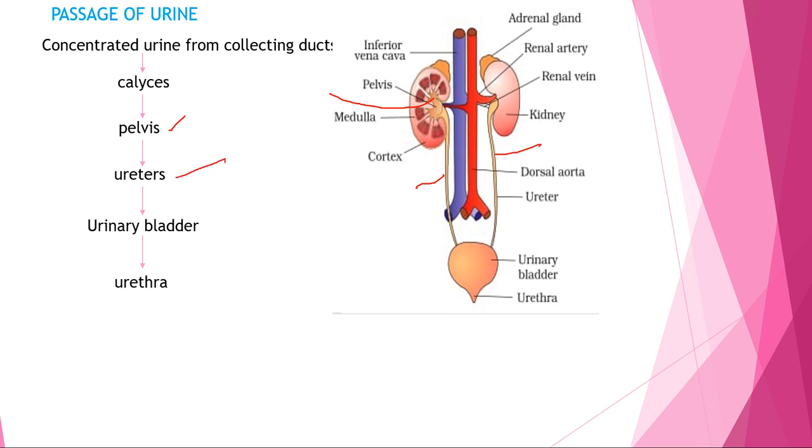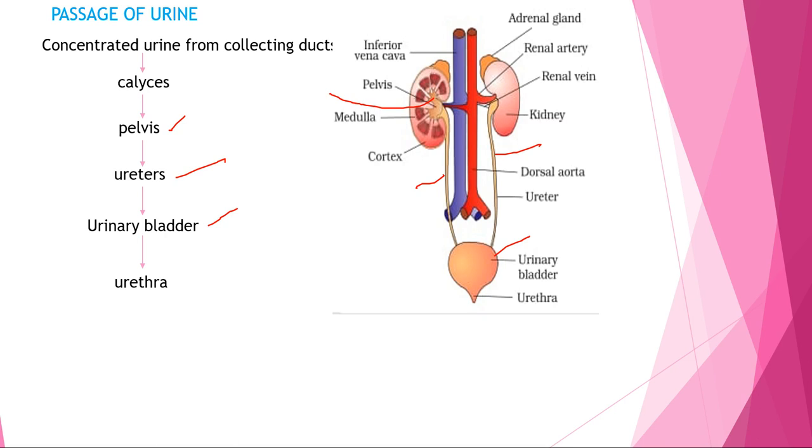Generally ureters are 30 centimeters long, and these ureters lead to a structure called the urinary bladder. The urinary bladder is guarded by muscles called sphincters. There are two kinds of muscles guarding this urinary bladder. The urinary bladder can store about 300 to 800 ml of urine.